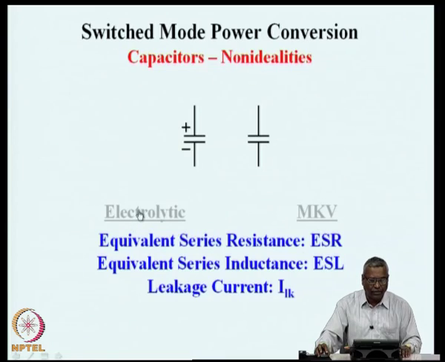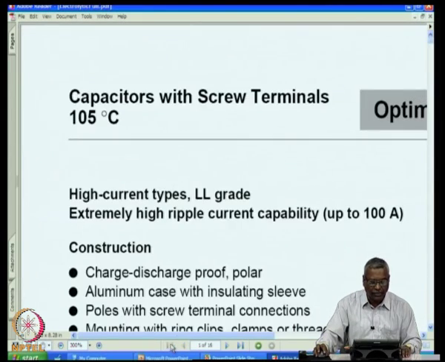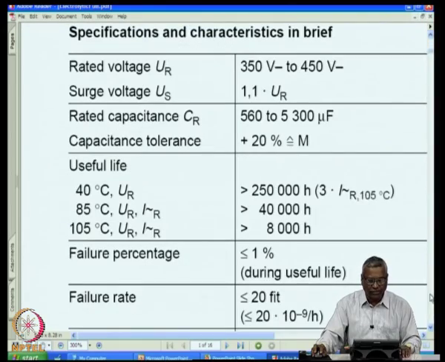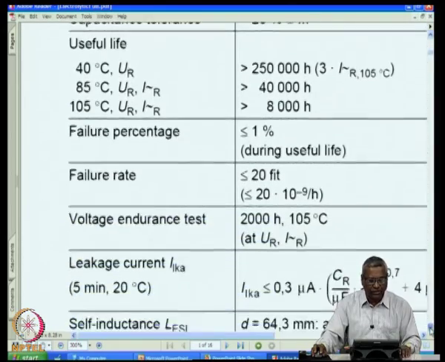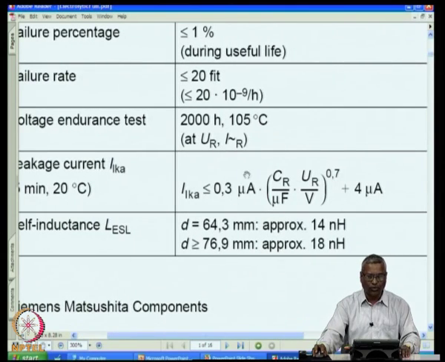If we look at the data sheet of the electrolytic capacitor, it is possible to see that at 20 degrees centigrade there is a leakage current associated with the capacitor, which is not very high, but it is there. It is about 4 microamperes multiplied by a variable quantity which is proportional to the capacitance value.